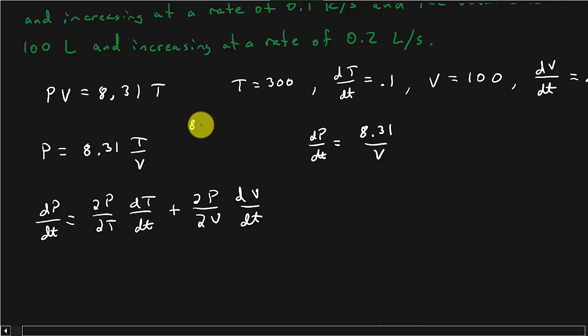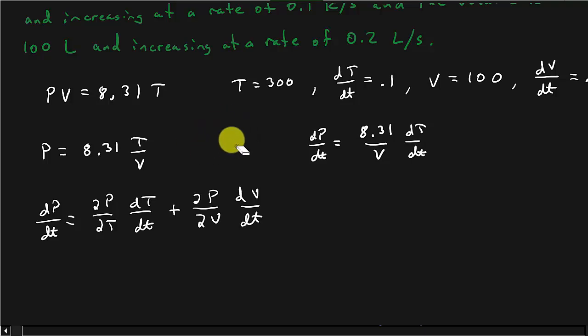So you could look at it as 8.31 over V times capital T. This is my variable, and the 8.31 over V is a constant. Okay? Times the derivative of capital T with respect to T. See, they don't give me a function for capital T, do they? So I'll leave it like that. But the good thing is I know what that value is. It's 0.1. See, they give that to me. All right.